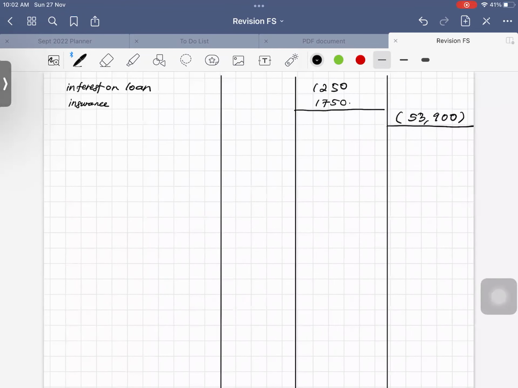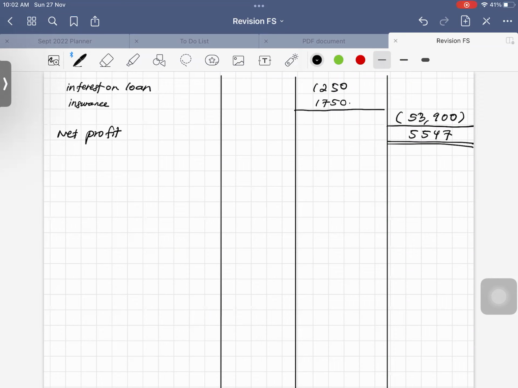Dapat berapa? Dapat profit ke dapat loss? 5,547. Profit. Ya betul. So this 5,547 is our net profit.